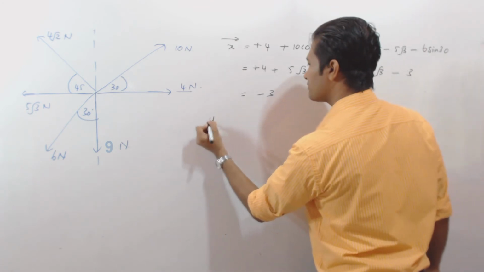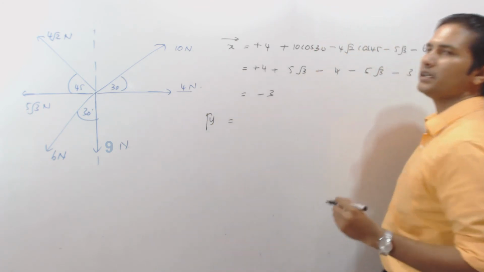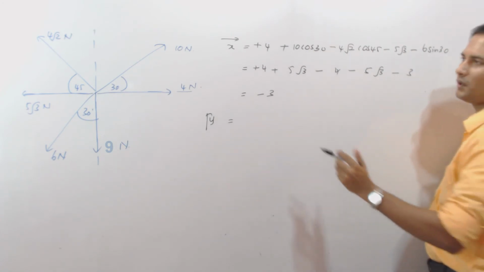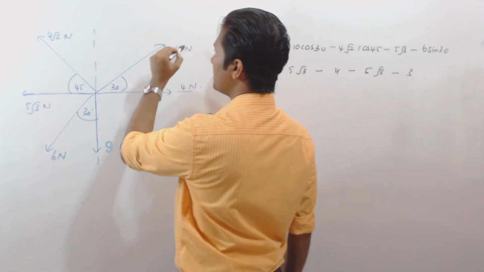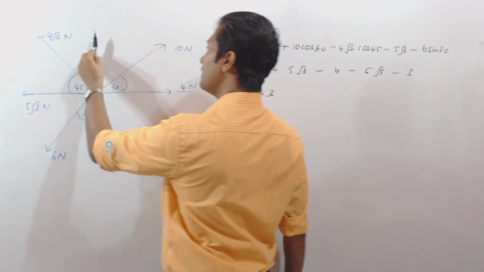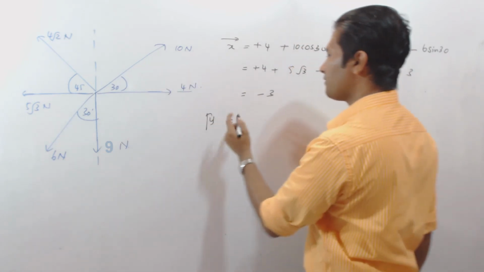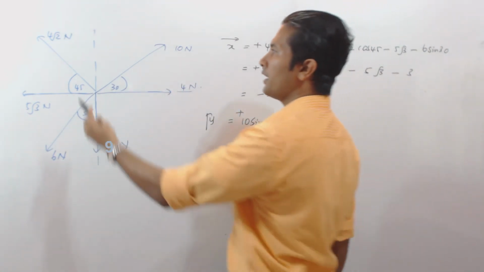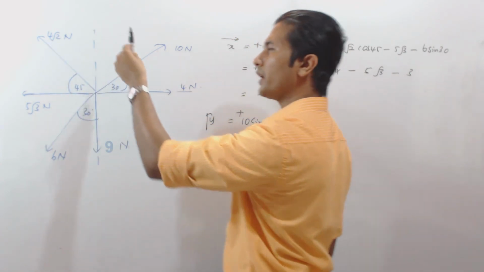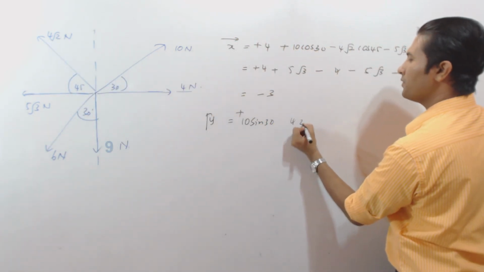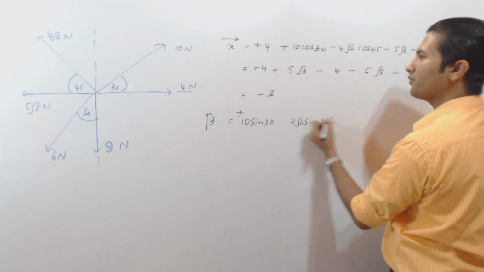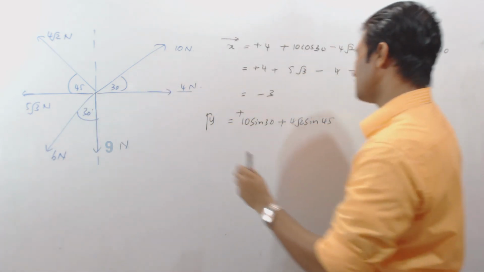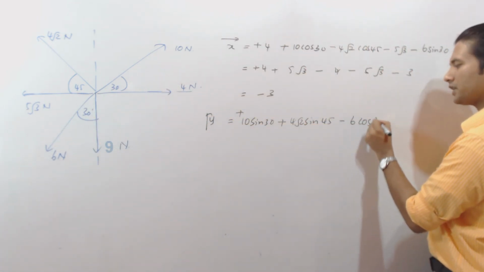Now we have to consider the component along the y-axis taking upward as positive. Now we can consider 10 newtons. It should be away from the angle, therefore 10 sin 30, it should be positive. Then considering 4 root 2, again away from the angle, it should be 4 root 2 sin 45, again positive. Then 6 cos 30, it should be negative.